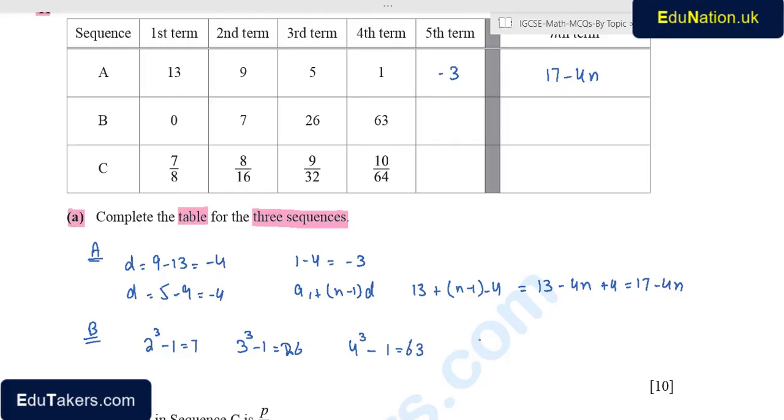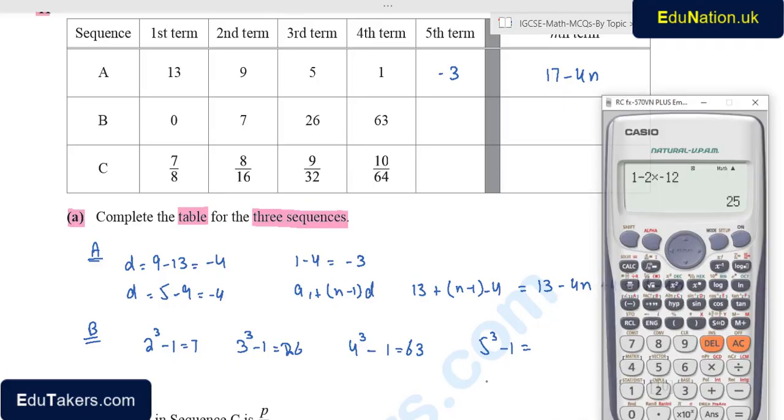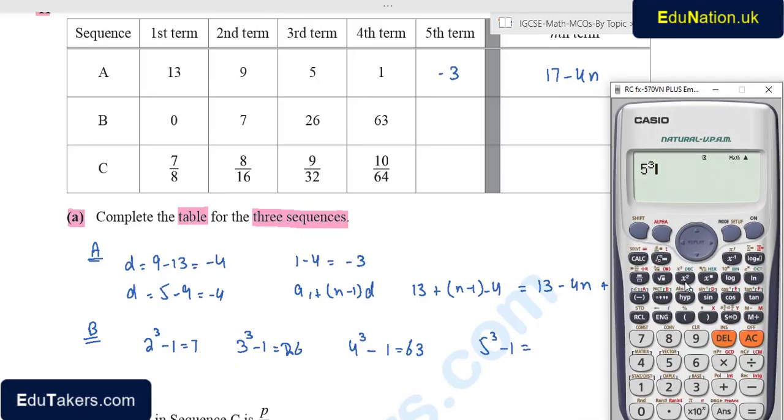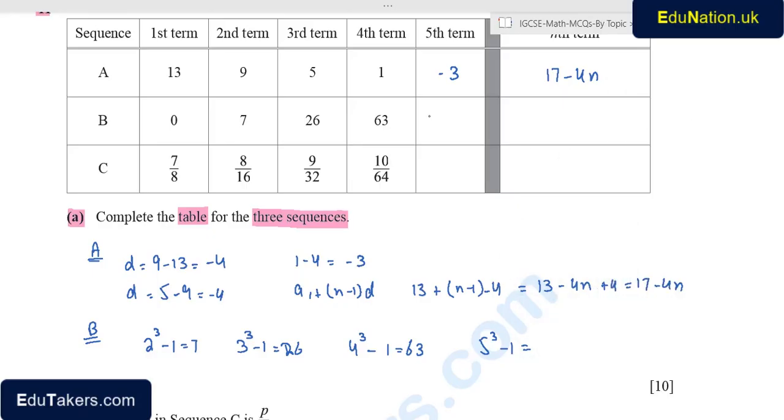So the fifth term will be 5 raised to power 3 minus 1, 5 cube minus 1, which is 124. Similarly, its nth term will be n cube minus 1.